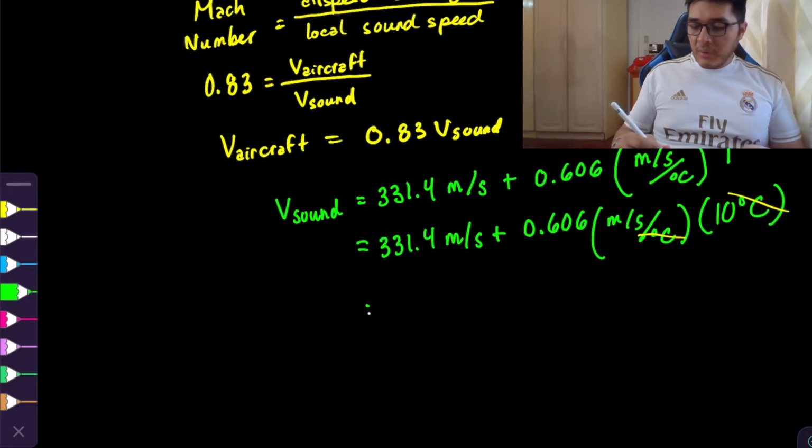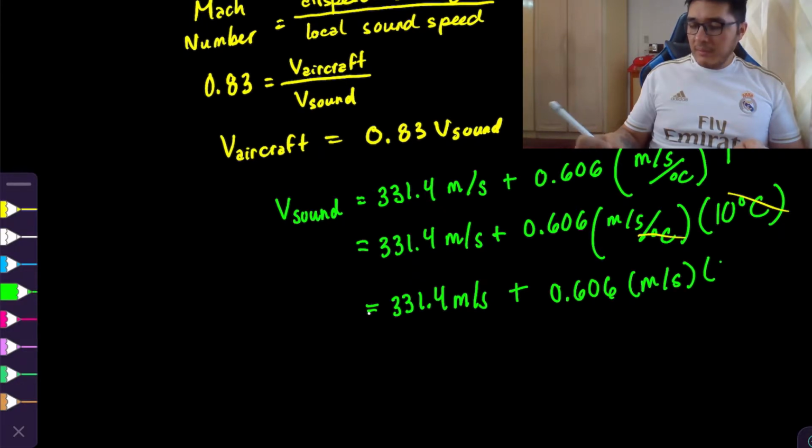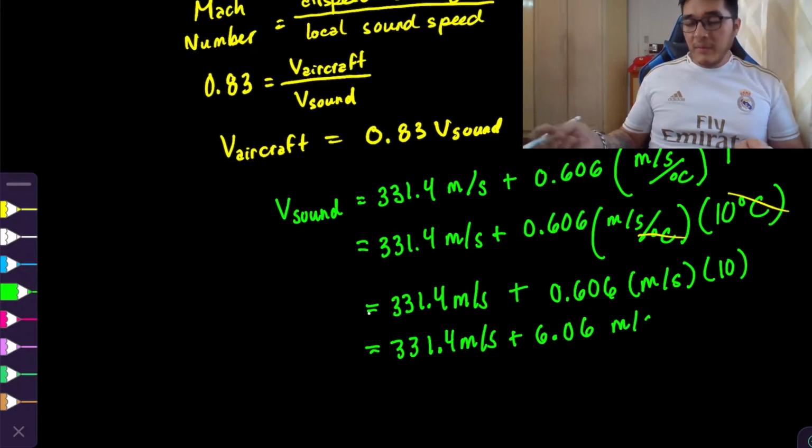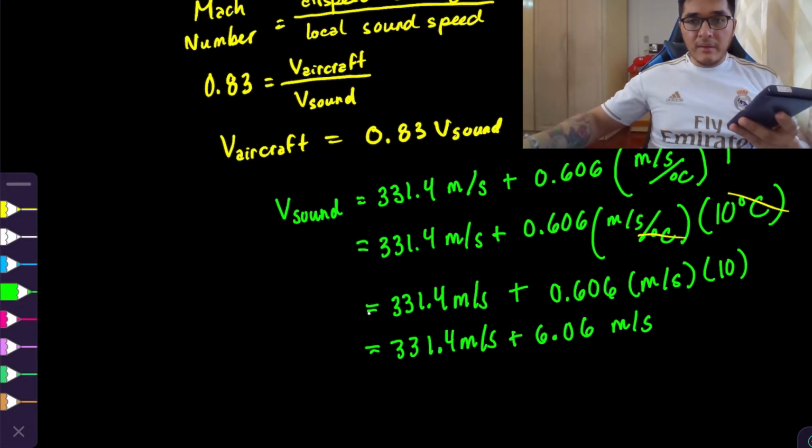And this gives you 331.4 meters per second plus 0.606 meters per second times 10. If it's by 10, just move the decimal place by 1. And then let's do the sum. So let me take out my calculator and check.